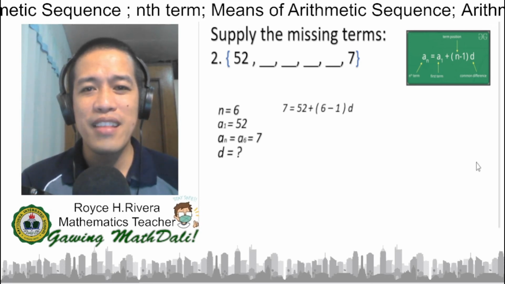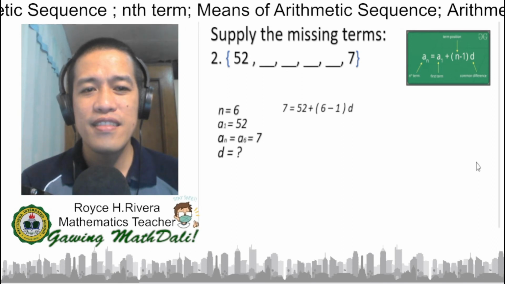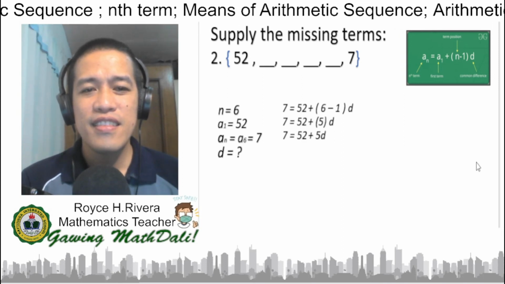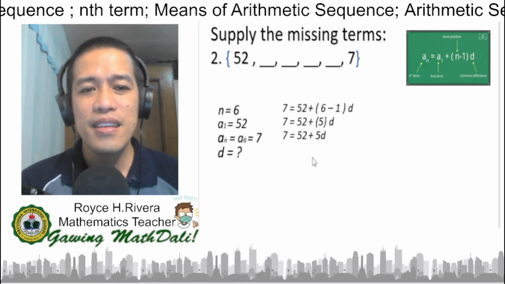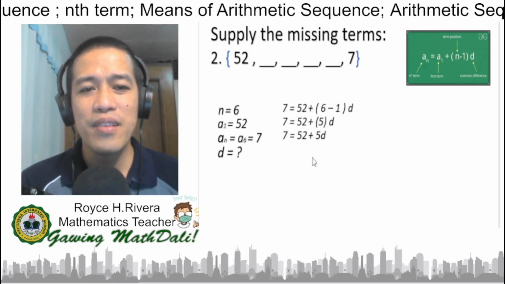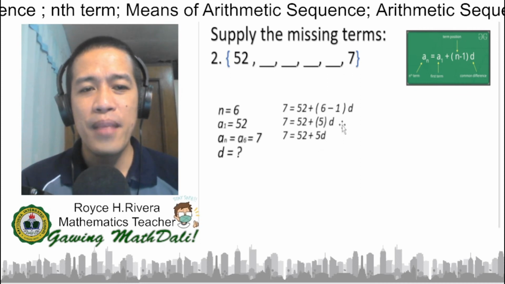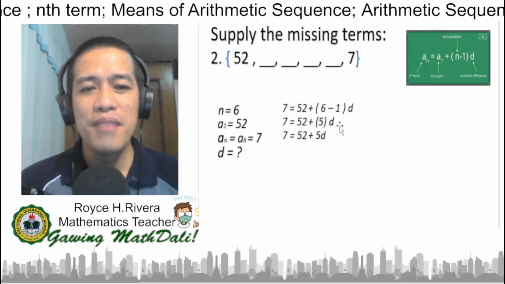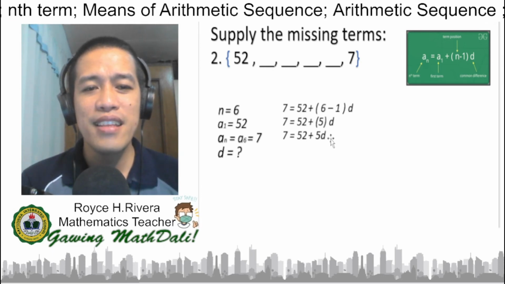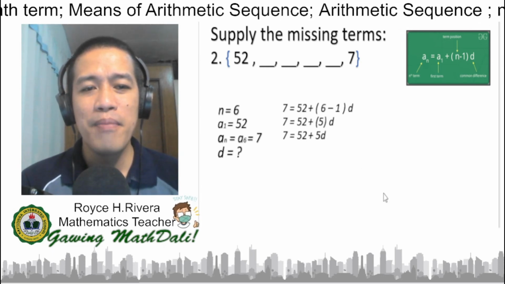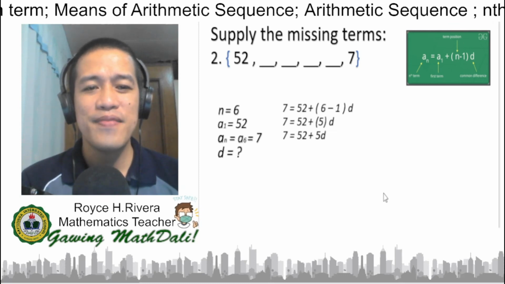Let us evaluate. The second line will be 7 equals 52 plus 5 times D, or 7 equals 52 plus 5D.